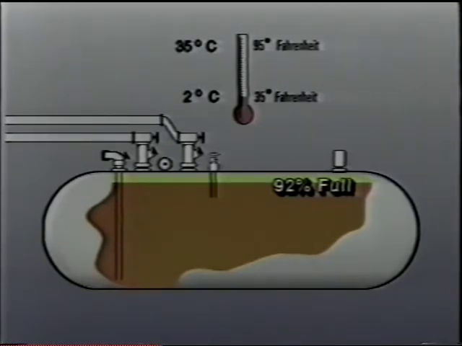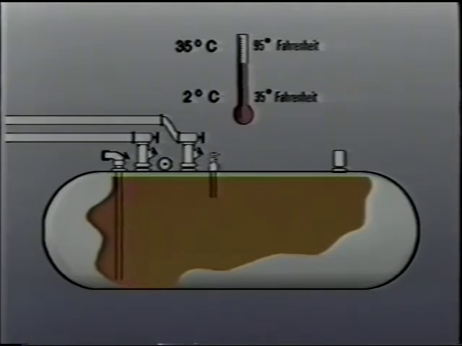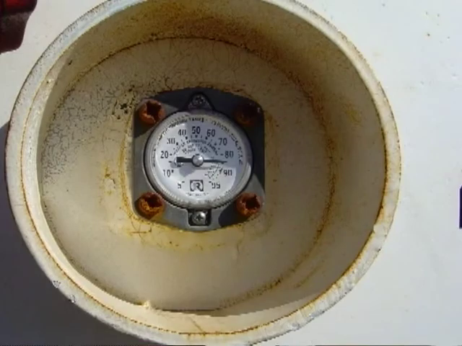Here, a tank was filled to the 92% level at approximately 2 degrees Celsius, 35 degrees Fahrenheit. As the temperature rises to 35 degrees Celsius, 95 degrees Fahrenheit, the tank would soon reach its full capacity, causing the relief valve to open and release ammonia into the atmosphere to protect the tank from rupturing. This is why tanks should never be filled beyond 85% full.